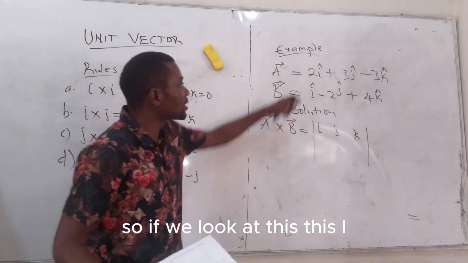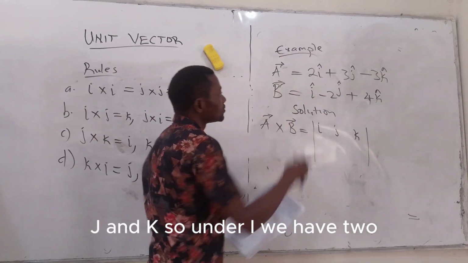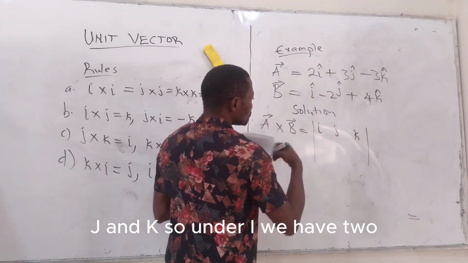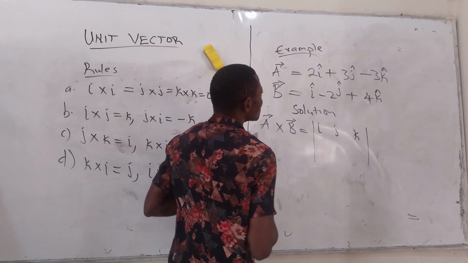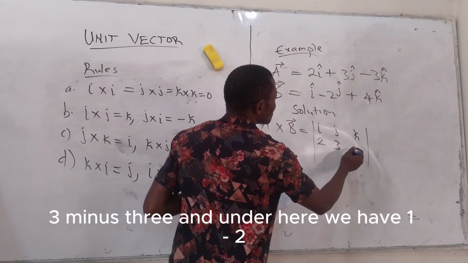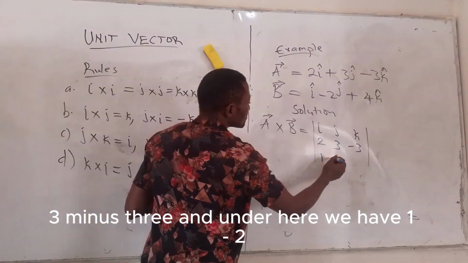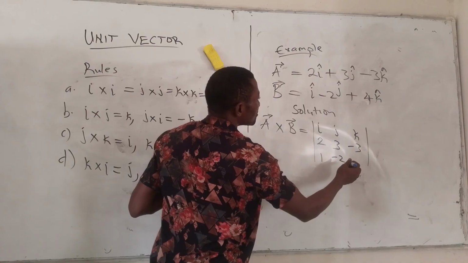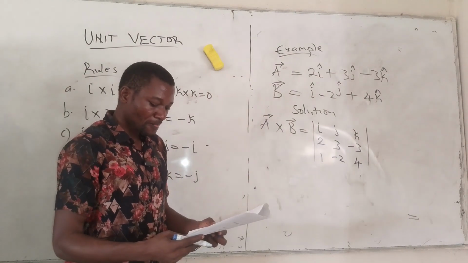So if we look at this I, J, and K, under this we have 2, 3, minus 3. And under here, we have 1, minus 2, 4.